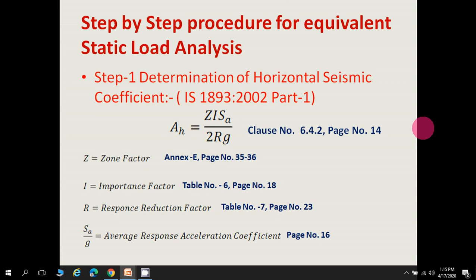And if the building is constructed in a high earthquake intensity region and a special moment resisting frame is adopted, then the value of the response reduction factor R will be more. So it depends on whether it is an ordinary moment resisting frame or a special moment resisting frame.